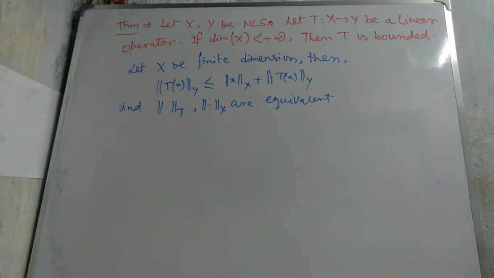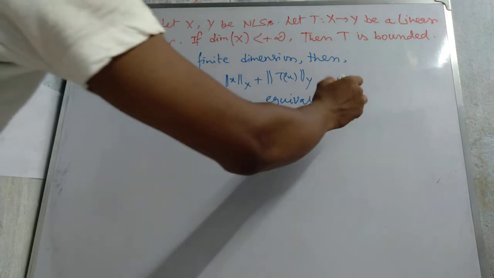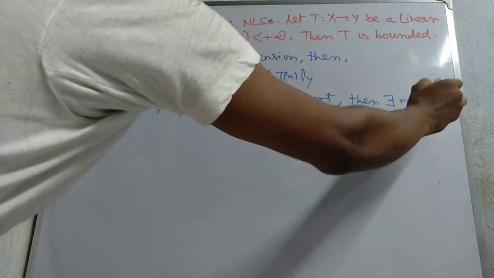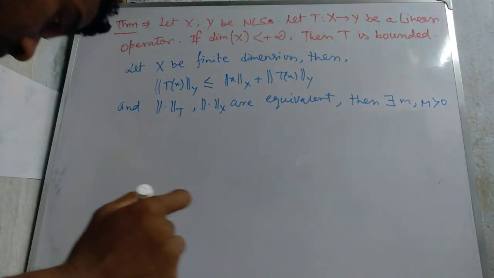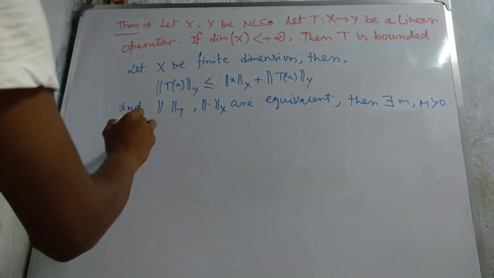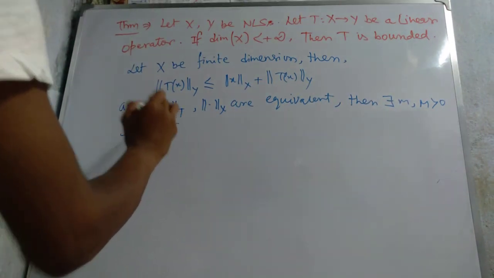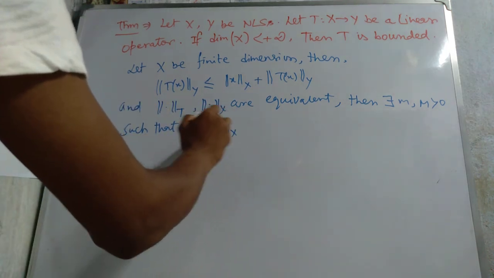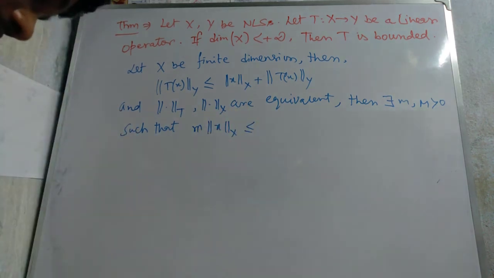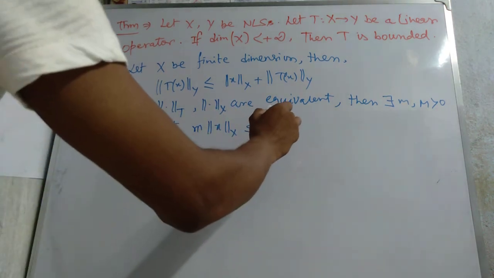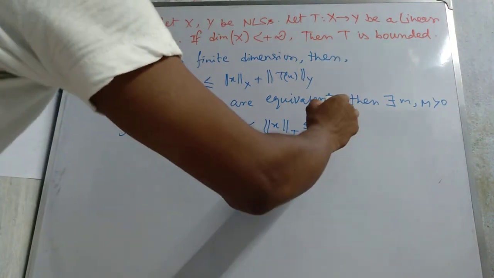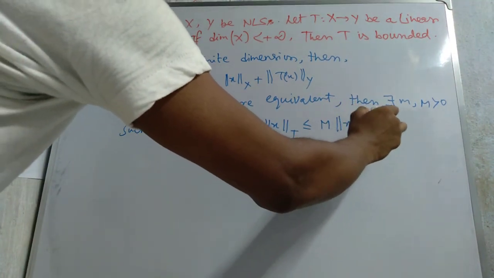Then there exist m and capital M greater than 0 such that m norm x is less than or equal to norm x under T, which is less than or equal to capital M norm x.